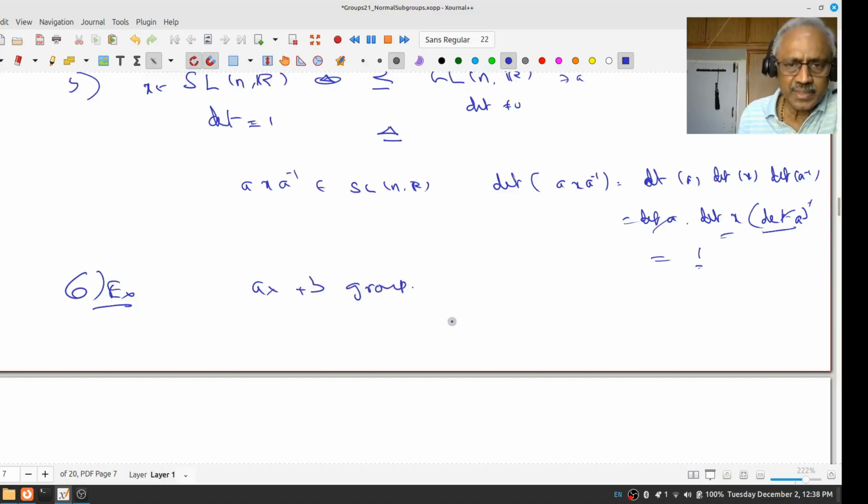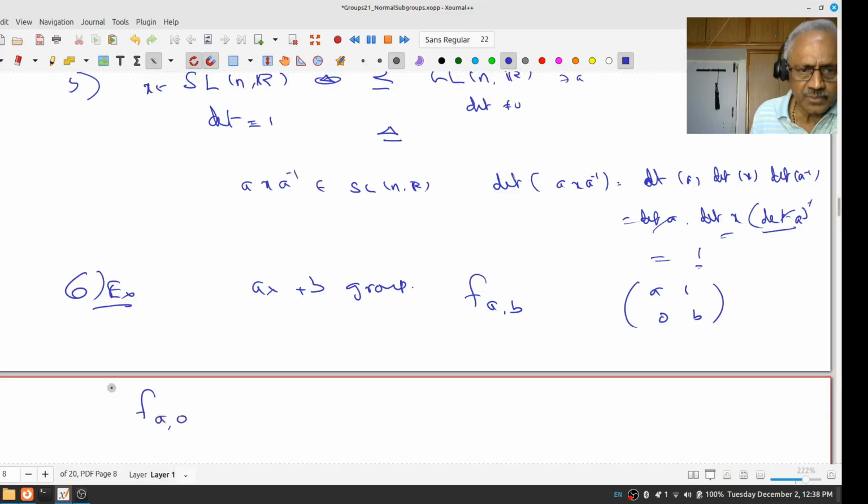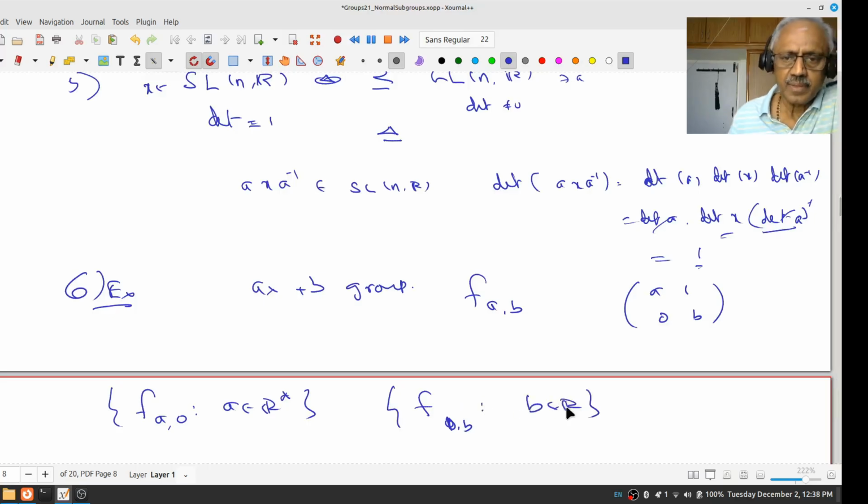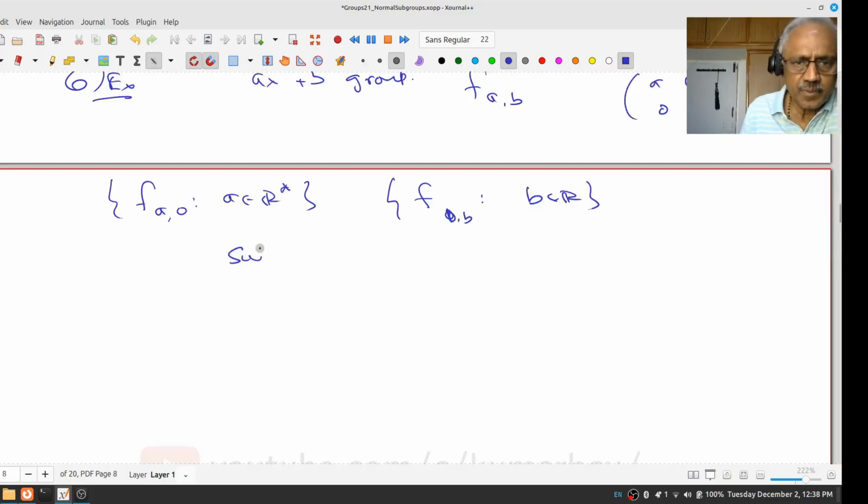There are two subgroups in that, where f of any element is of the form f(A, B), or it is A x plus B. There are two obvious things: f(A, 0) as A varies over non-zero reals, or f(1, B) as B varies over R. Check whether they are subgroups and check whether they are normal. This exercise is very easy, please do it.